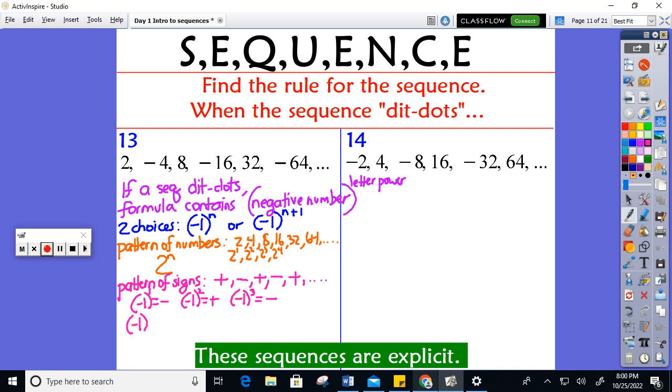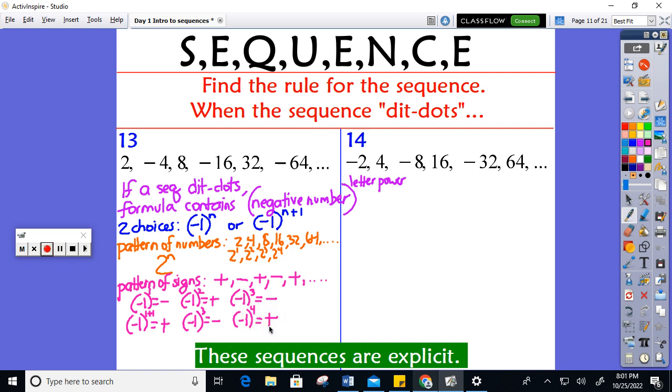-1 to the n plus 1 would be -1 to the 1 plus 1. That's -1 squared. That's positive. -1 to the 2 plus 1 is -1 cubed. That's negative. Then -1 to the 3 plus 1 is -1 to the fourth.